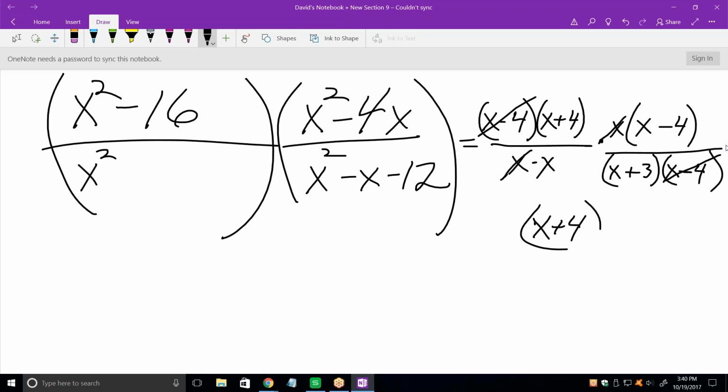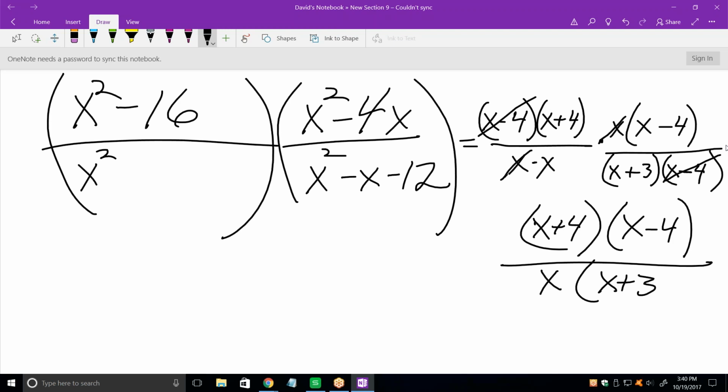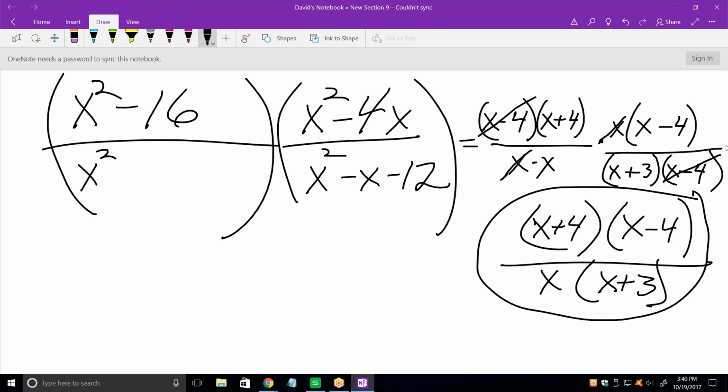I've got that in the top. I got an x minus 4 over there. And down below, I have an x and an x plus 3. And there's no need to multiply those two back together. That's your answer right there. Factored form is actually a better answer than multiplied back together again, believe it or not. You always prefer factored.